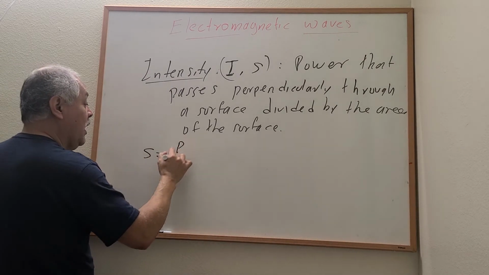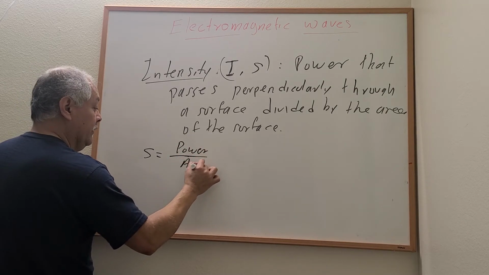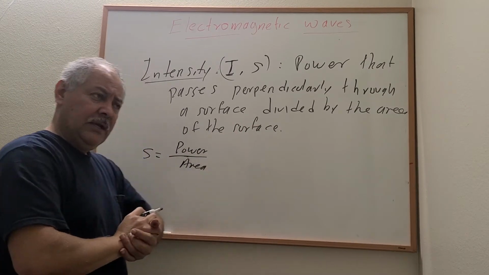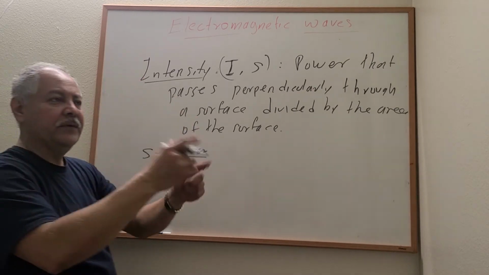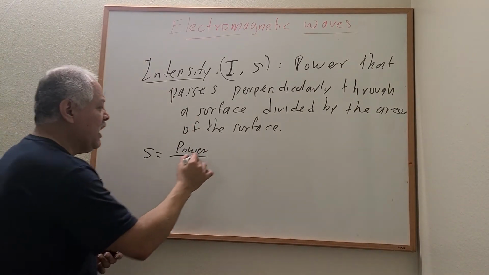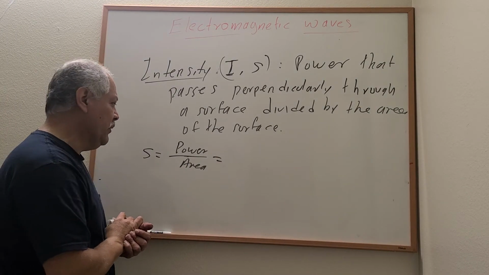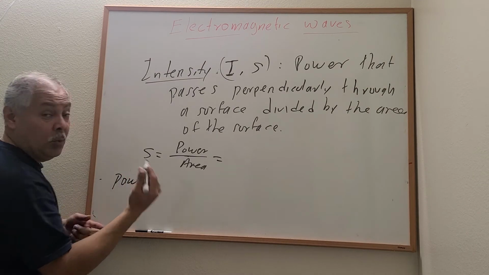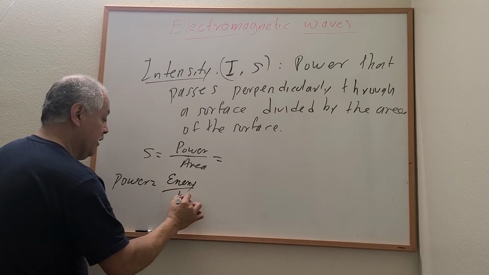So the intensity is equal to the power divided by the area. But how do we define power? Power is just energy divided by time, remember? Energy or work divided by time.